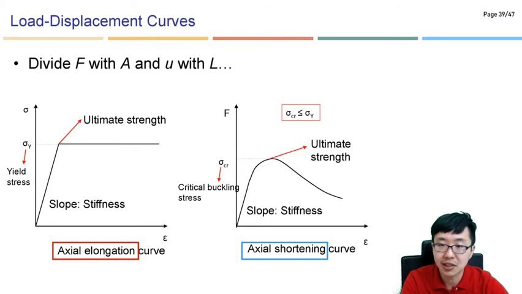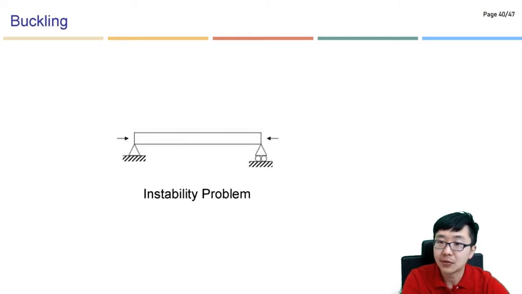That's why I'm introducing those two values. The criteria is yield stress for the global, but the local strengths, we need to check critical buckling strengths to avoid the collapse.